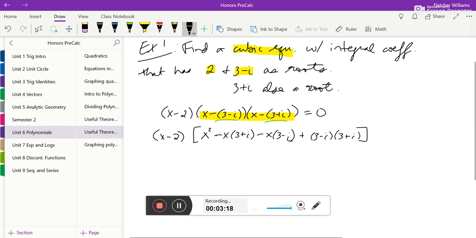So x squared minus 3x minus ix minus 3x plus ix, and then this last foiling, that would be plus 9 plus 3i minus 3i, so that goes away, minus i squared.